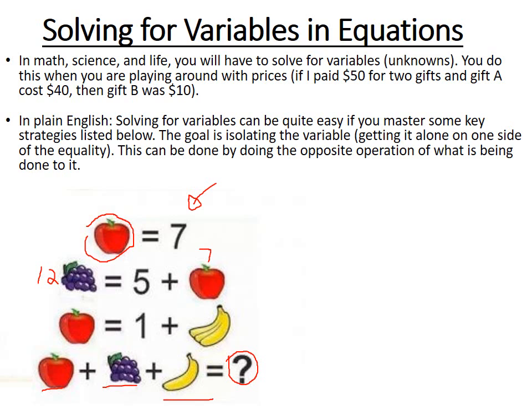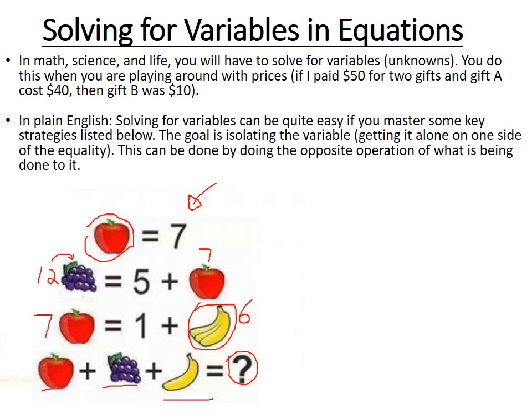So we have our apple is equal to 7. We have our grape, well, that's equal to 12. And then we can continue going down to try to solve some more. So we know that 1 plus these bananas here is equal to the apple, and we know that the apple is 7. So if you know the apple is 7, and 1 plus bananas is equal to 7, then that means this here must be 6.